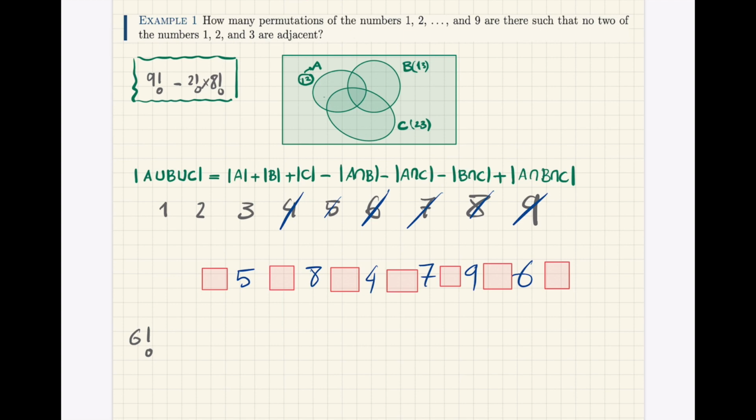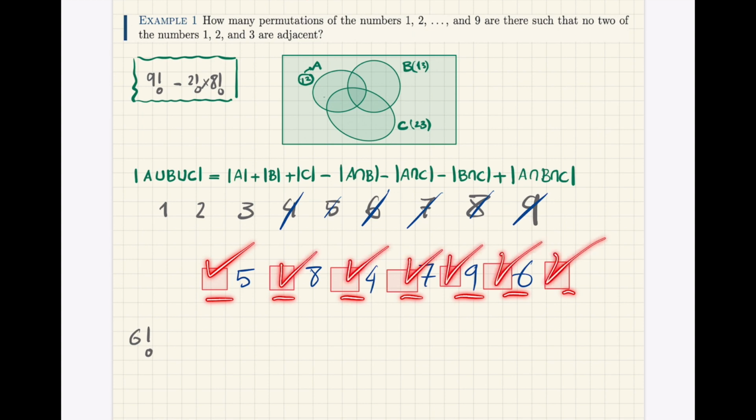These places are distinct. Why? Because I can say the box left of the 5, or the box between 5 and 8. So this box is different from that box, and different from the other boxes. So how many positions do I have? 7 distinct locations.